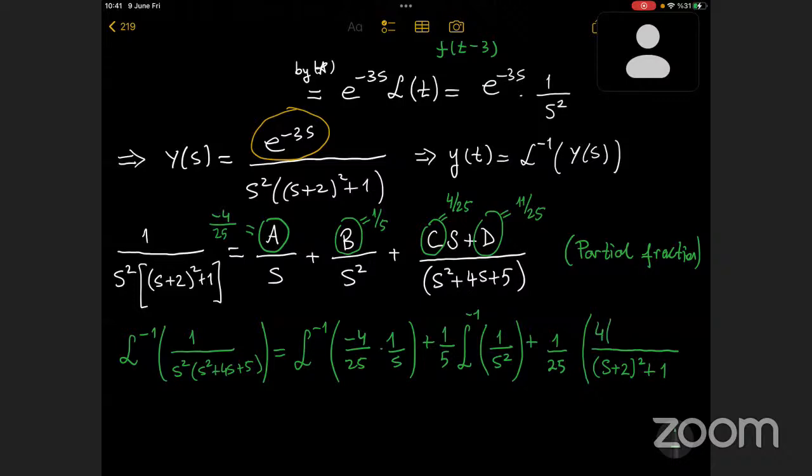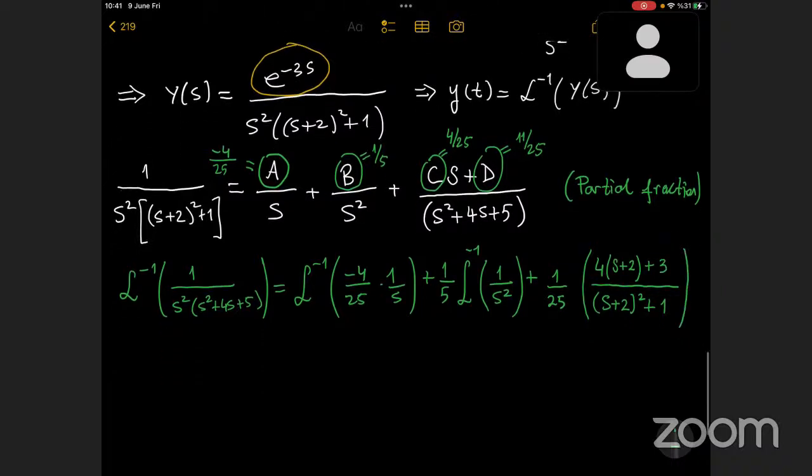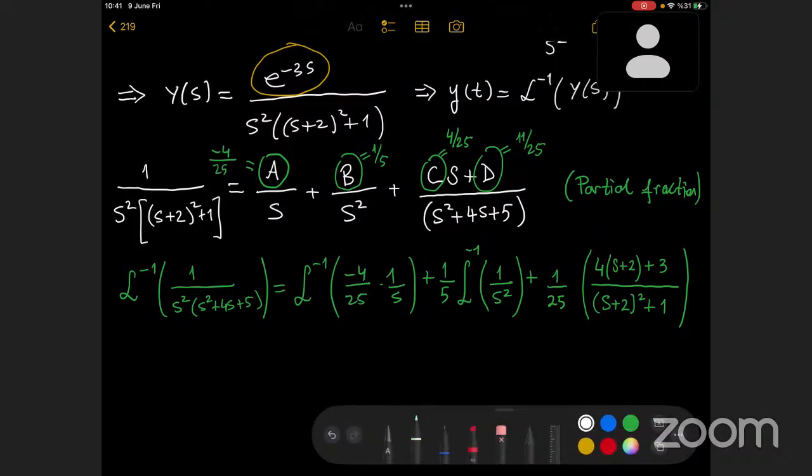Since we have s plus 2 in the bottom, let's put here like s plus 2, but we need for s plus 11. This is for s plus 8, so plus 3. Yani her yerde s artı 2 oldu. Çünkü bu kosinüse benziyor. Ama 2 kaydırılmış. Dolayısıyla üstte de 2 kaydırdık.